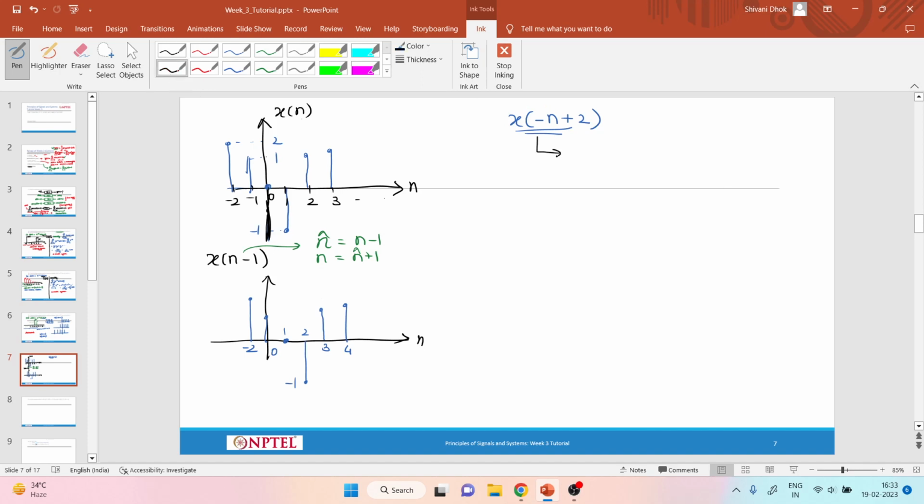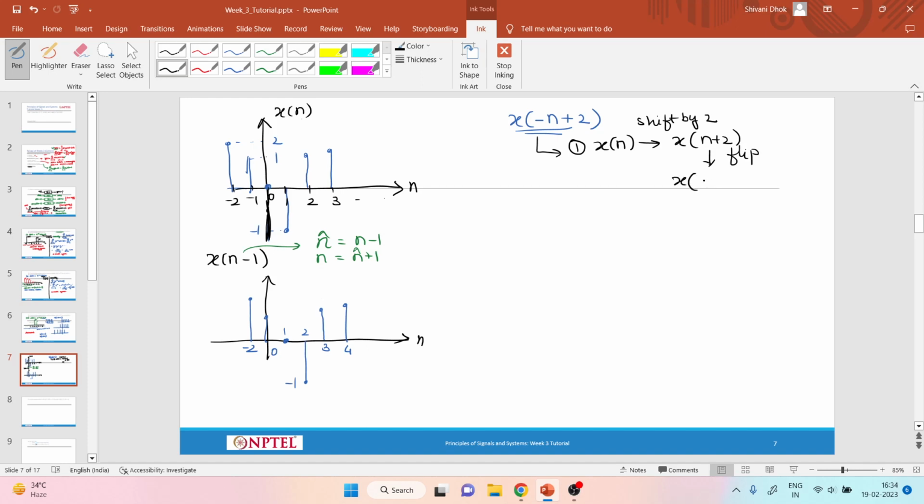First, x of n is shifted by 2, leftwards, and after that I'll flip it.